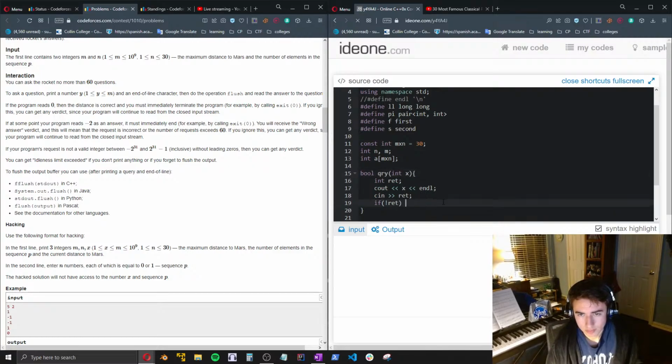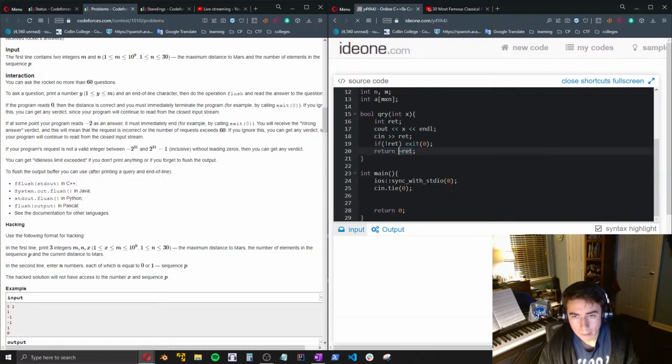Exit 0. Return ret. So this is saying, is ret greater than 0? Well, is ret not equal to -1, rather.